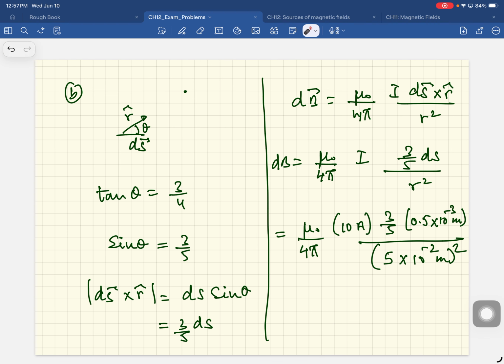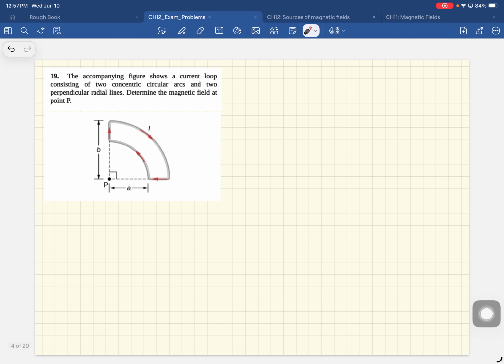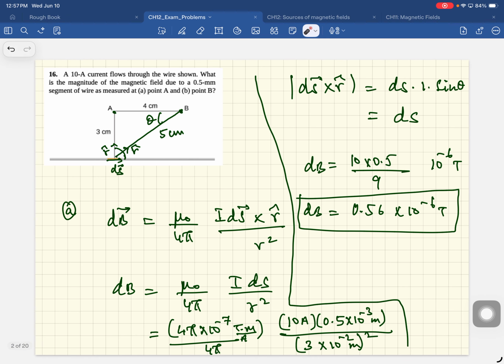So B2 is the sum of dB2, and you see mu naught I over 4 pi a squared times the sum of ds. What is the sum of all these arcs? It's a quarter of a circumference.